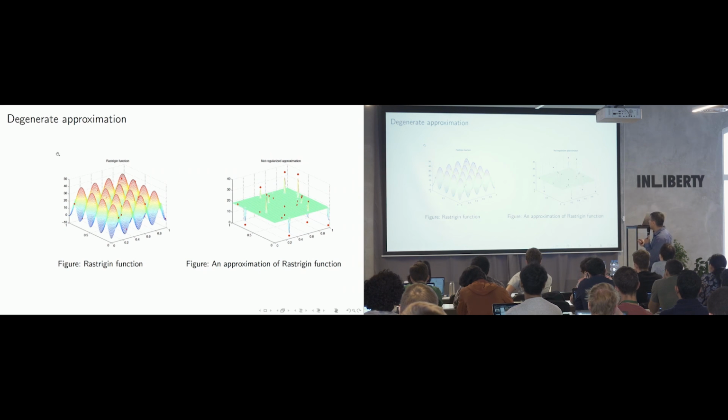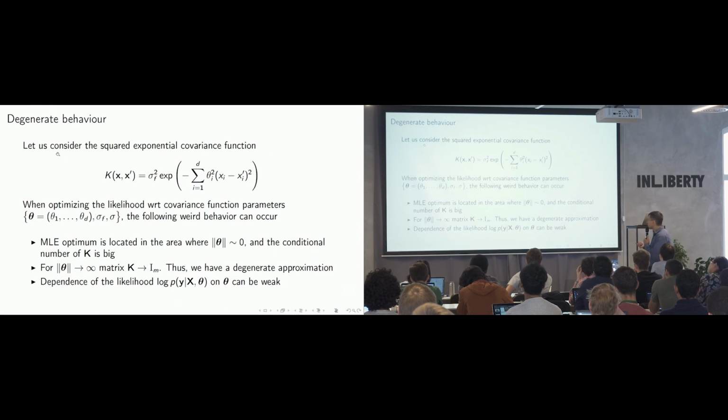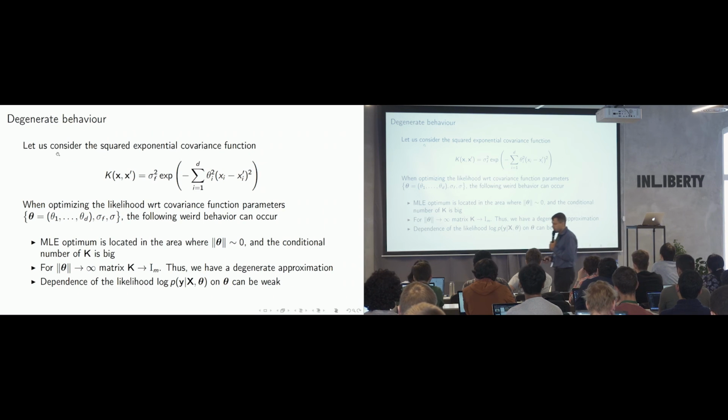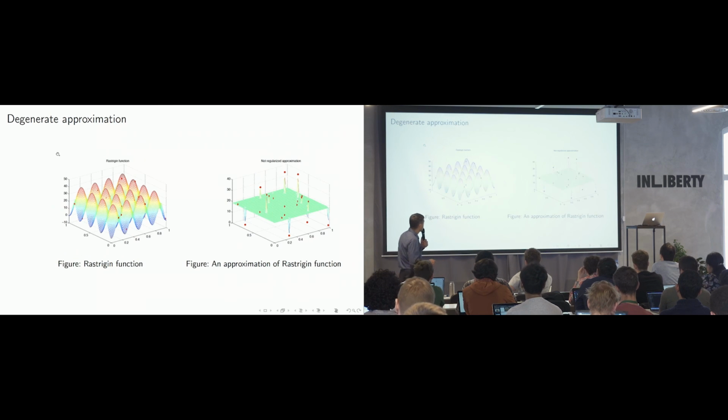So these peaks here are the posterior mean I obtain because when I optimize the log likelihood with respect to these parameters theta, after optimization I obtain very big values of theta. And so because of that, the final posterior approximation I obtain looks like this.